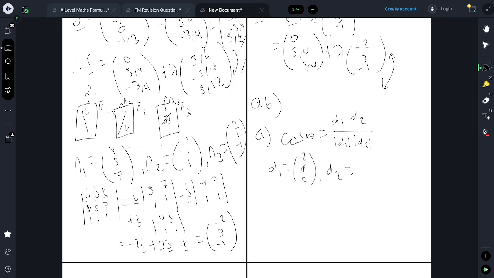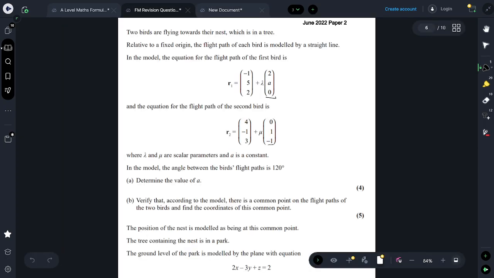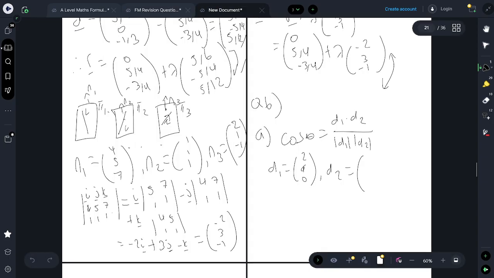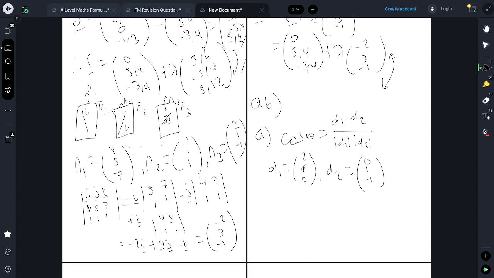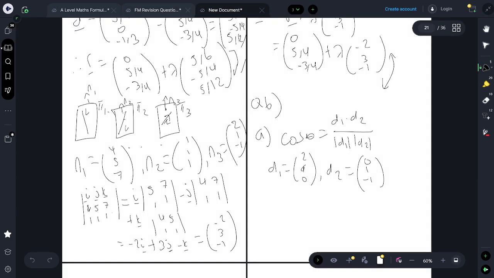And d2 for the second bird is going to be (0, 1, -1), just reading off the equation of a line. Did I copy that right? Let's have a look. Yes, I did. So now essentially just substitute that into the formula and then find a.